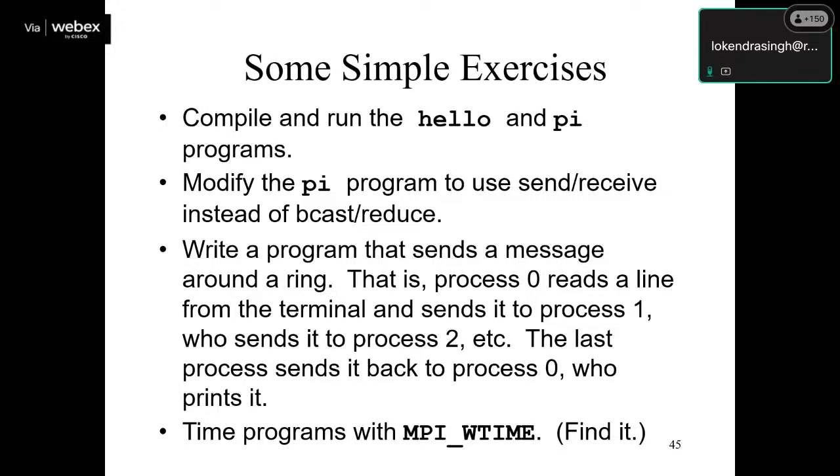Process 0 reads a line from the terminal and sends it to process 1, which sends it to process 2, etc. The last process sends it back to process 0, which prints it. To time the program, use MPI_Wtime. If you want to check how much time your programs are taking, you can use the routine MPI_Wtime.